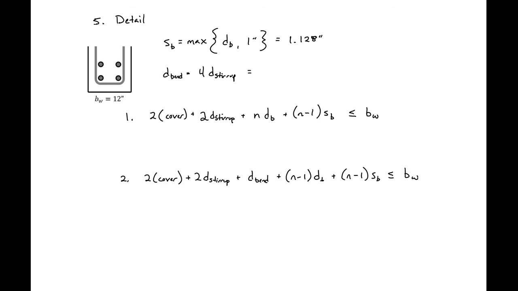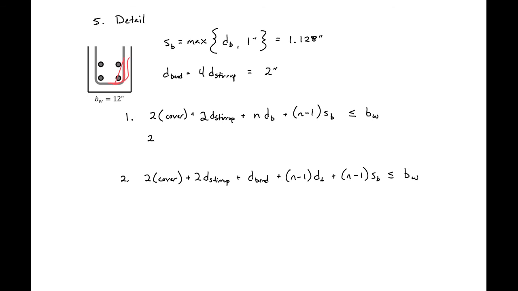Our bend diameter of our number 4 stirrups here is 4 times the diameter of the stirrups, so 4 times 0.5 inches is 2 inches. So now we can plug all of our values in and do our 2 ACI checks to make sure that our steel will all fit into the width of the beam.